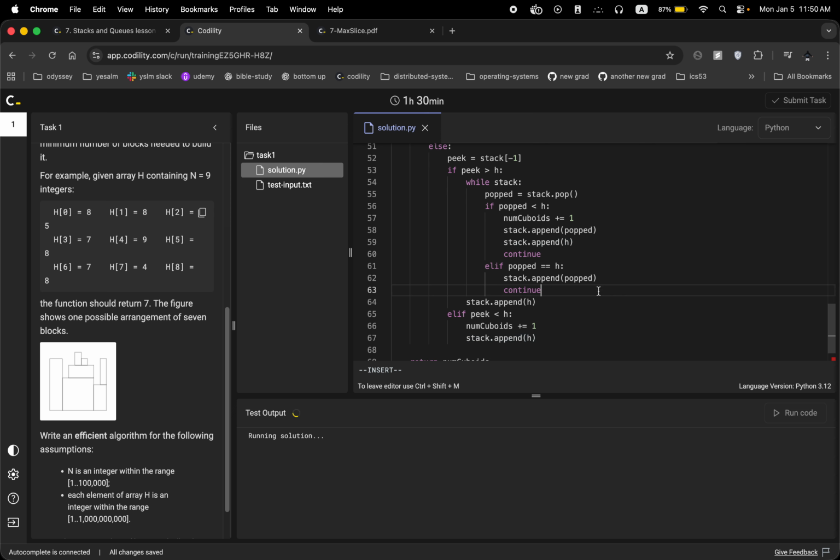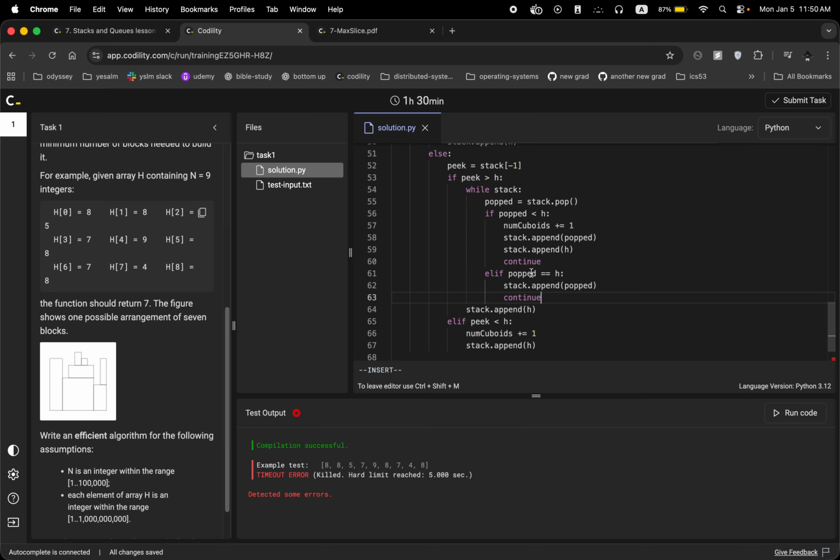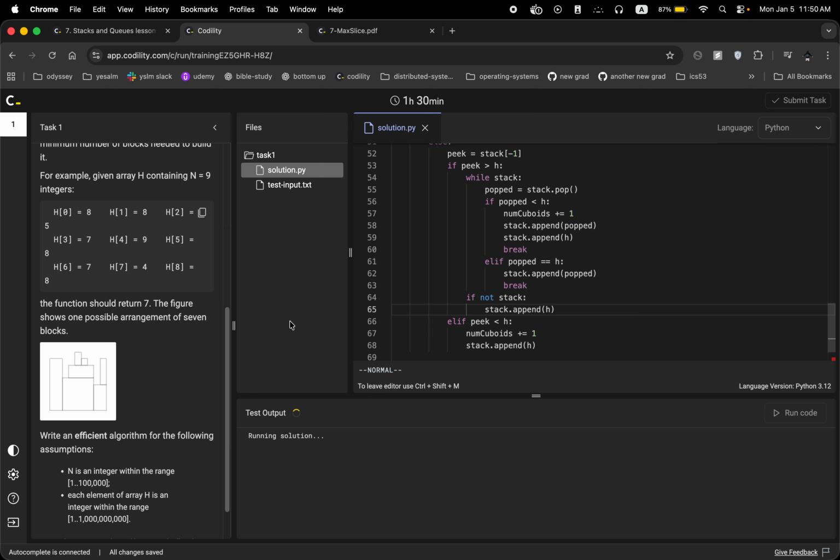Oh wait, no, not continue. How do I continue to the next for loop here? I guess we just break. Elif popped is greater than h, we just keep popping. And if not stack, we do that. Okay, I think this is it. So in this case, we have popped everything.